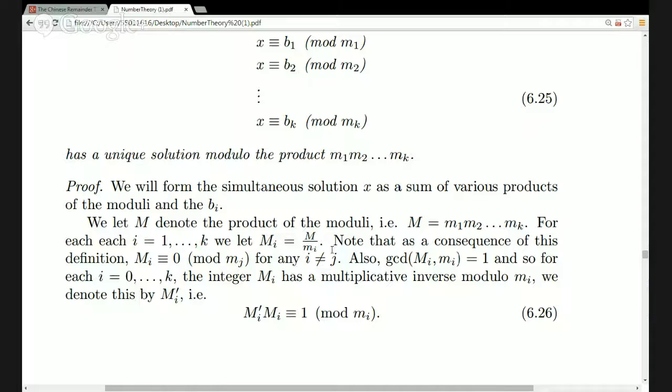M2 prime is supposed to be the inverse of M2, which is 21, modulo 5. What's the answer to that? When you go into the number theory exam, you want to be firing on all cylinders.